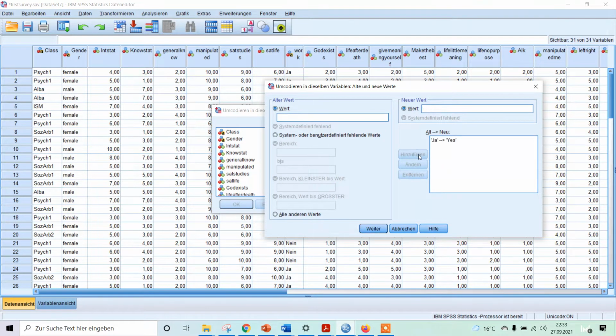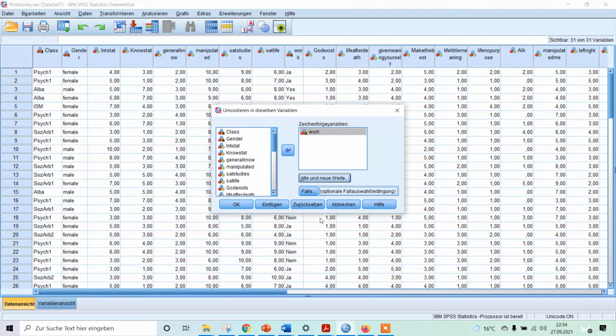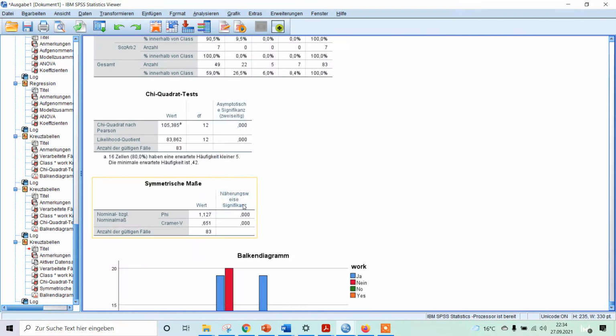We need to add that so that it is here in this window, and the second one, nein, should become no, and we also need to add that. So we can click on continue and OK.